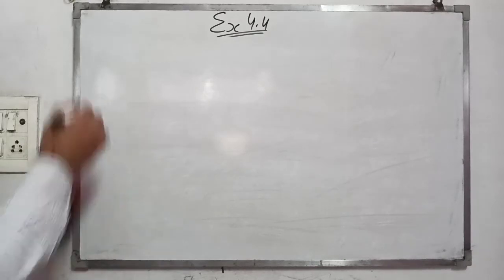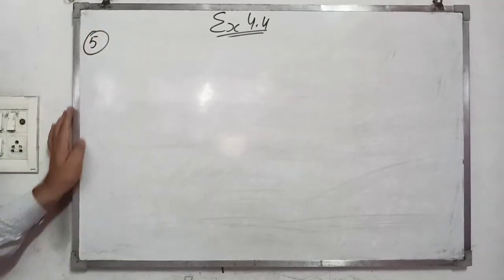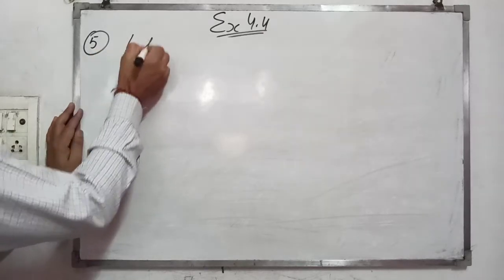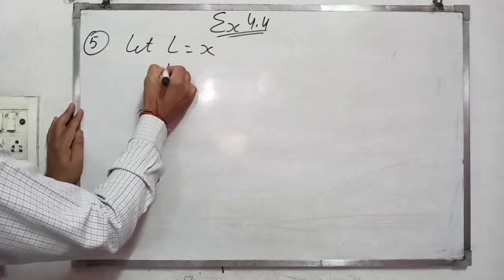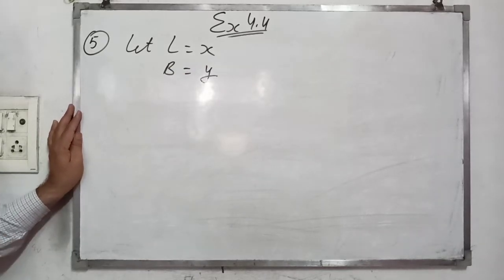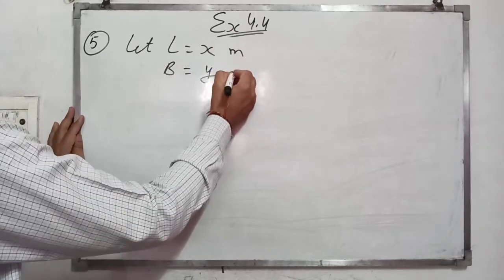Question number 5. Is it possible to design a rectangular park whose perimeter is 80 meters and area is 400 meters square? If so, find the length and the breadth. So let the length be x and the breadth be y. We use the unit meter here.